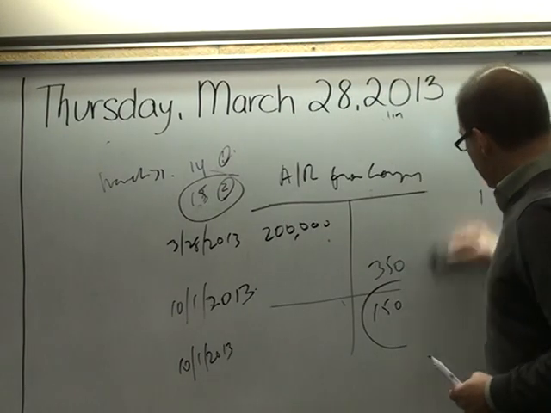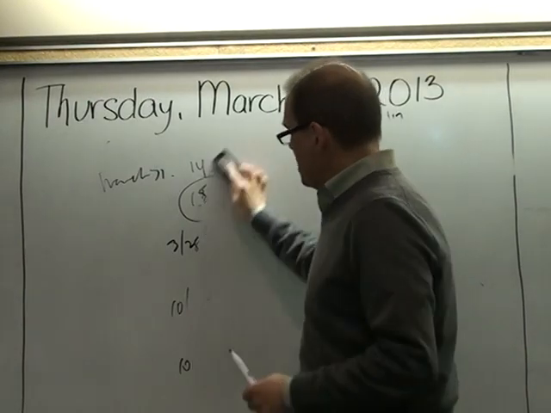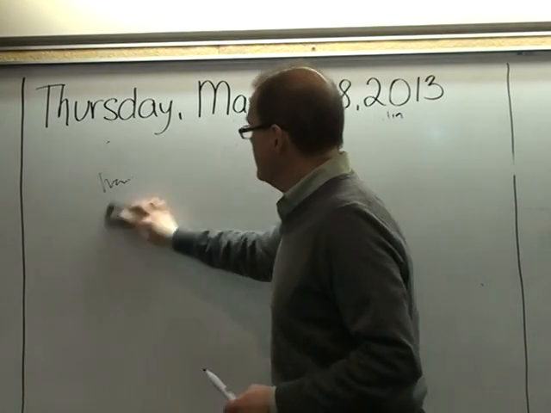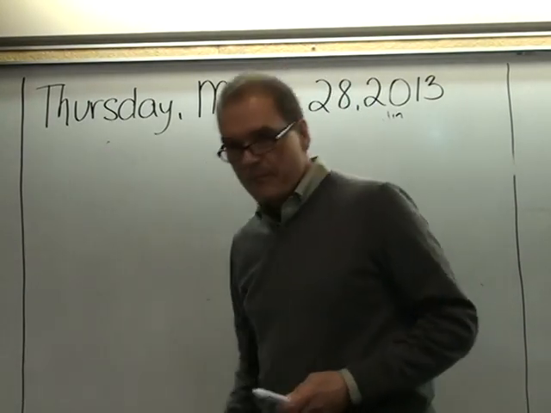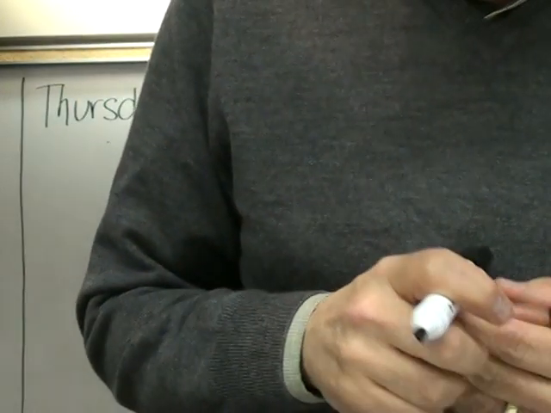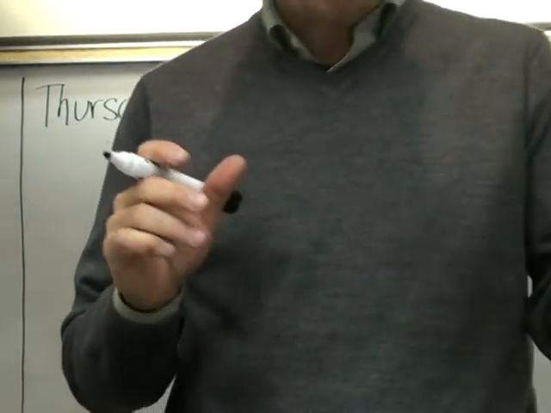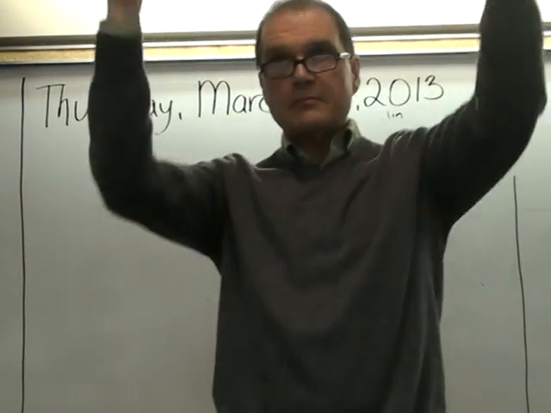SR&ED is available to both large and small companies. And I just need you to know that for CCPCs, if you look at page 527, it talks about a 35% rate.